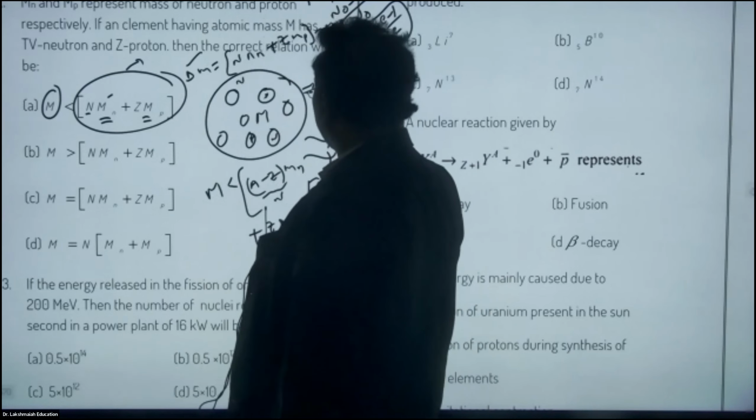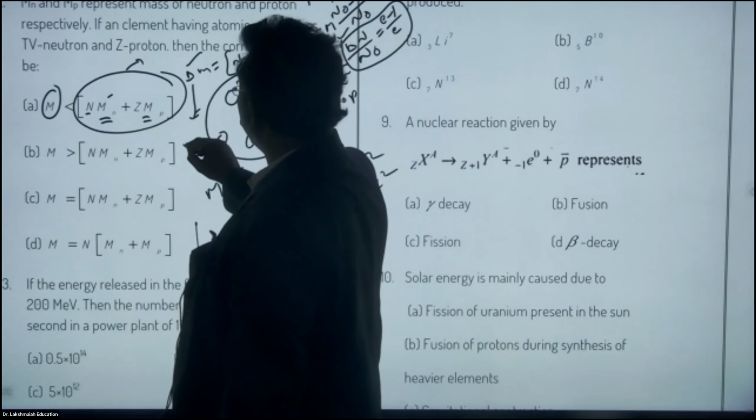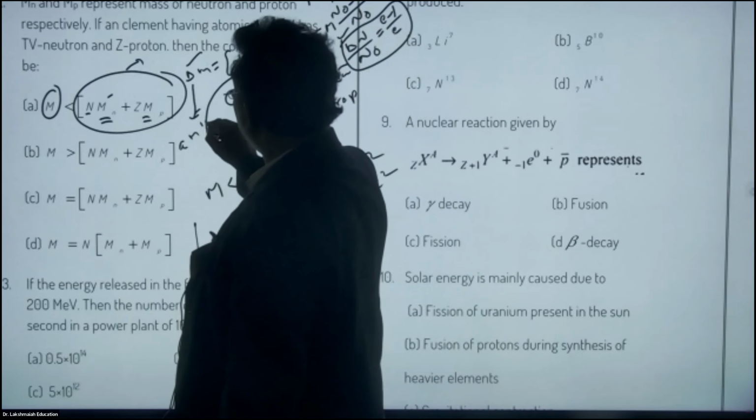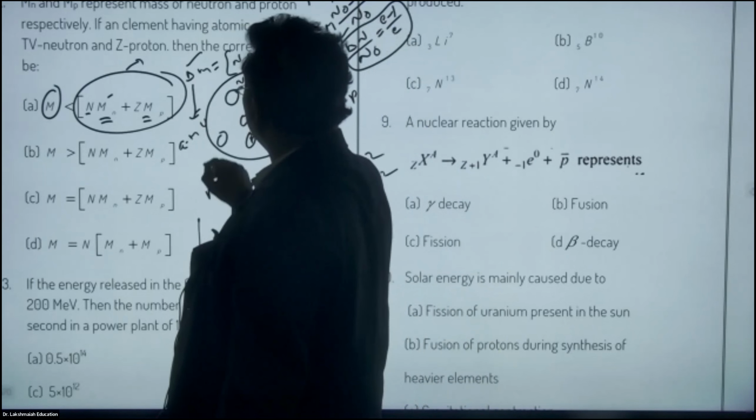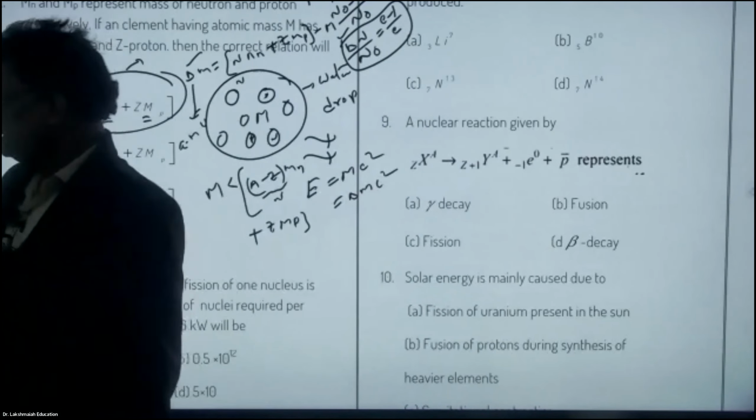So energy is equal to delta M into C square, and this delta M you calculate in atomic mass unit, AMU.